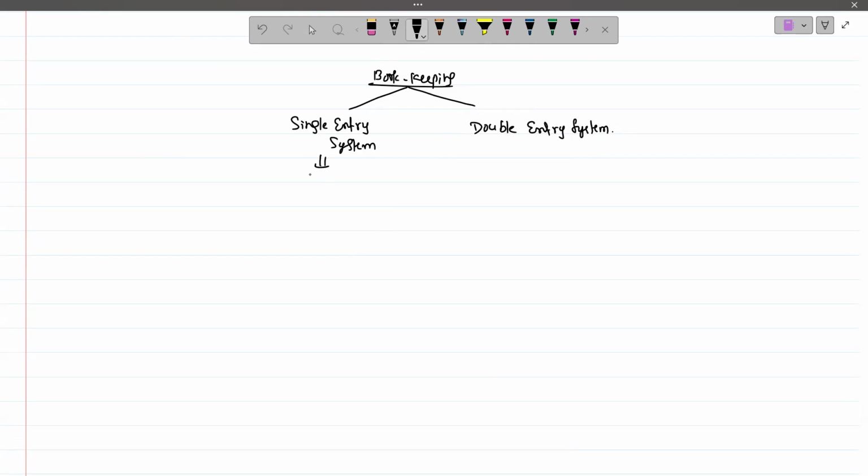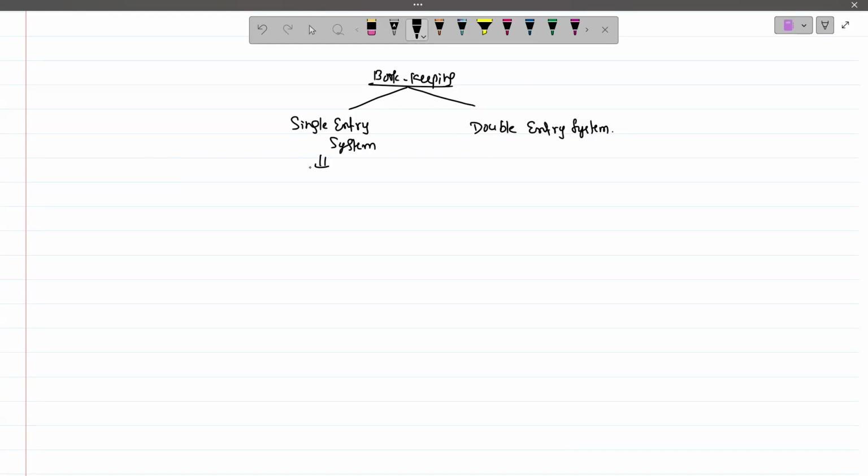Generally, the single entry system is used where the business is unable to maintain the full information relating to accounting. For example, if you consider a small chapel shop or a small pachari shop, those parties are unable to maintain the total records because maintaining full information results in cost, and they cannot bear it since they need to appoint a professional and incur administration cost.